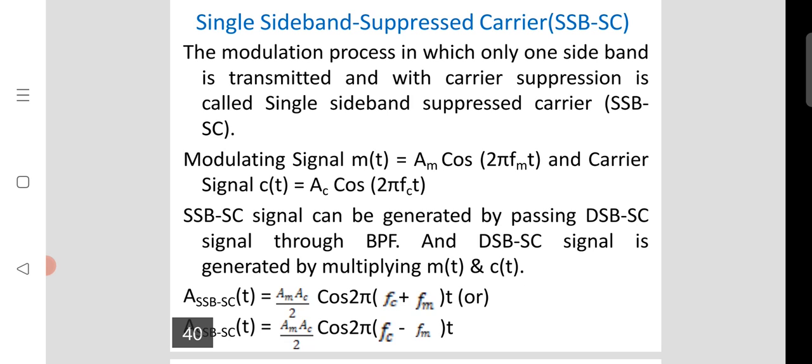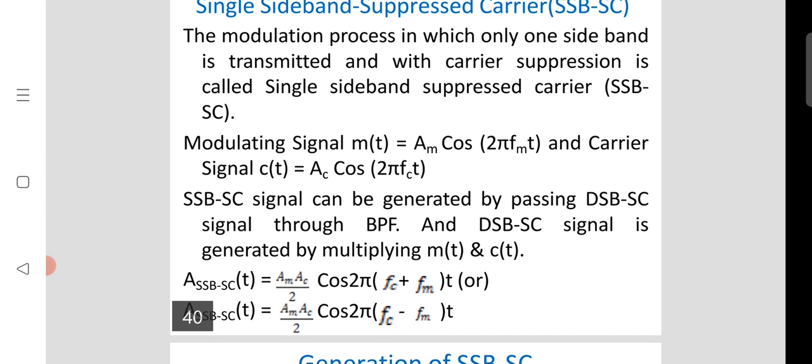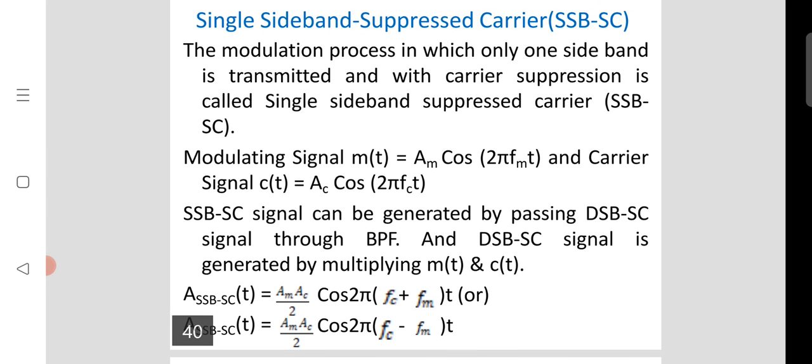The bandwidth requirement for the AM wave is 2 FM, and here also 2 FM, which is double the message signal. That's why designers invented a new technique to reduce that bandwidth, and for that purpose we use the single sideband suppressed carrier technique.